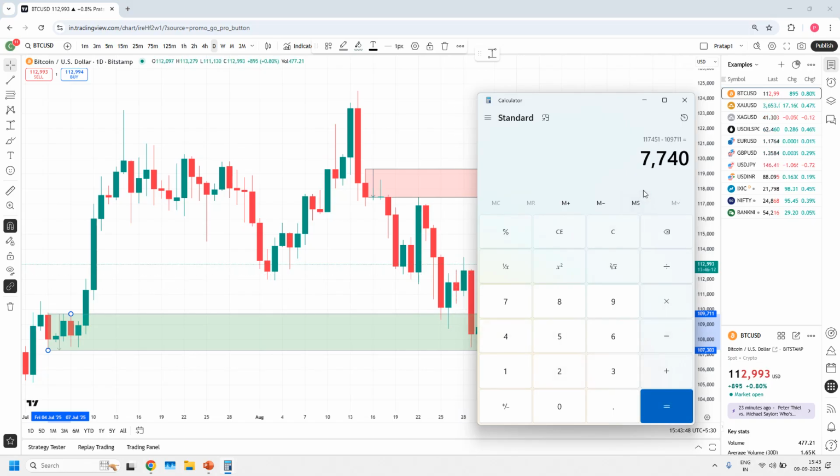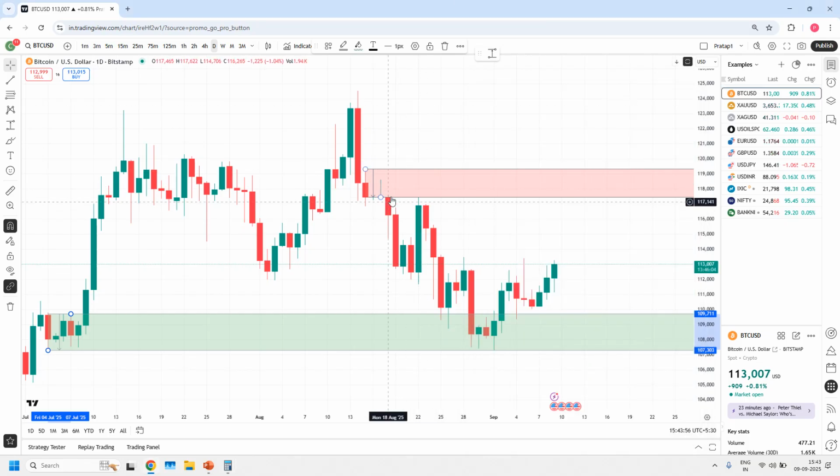That means you would have got $7,740 as a profit if you would have taken one short trade at this type 2 proximal line of the supply zone. On 22nd August and 25th August, you would have booked the profit in just 3 or maybe 4 trading sessions.